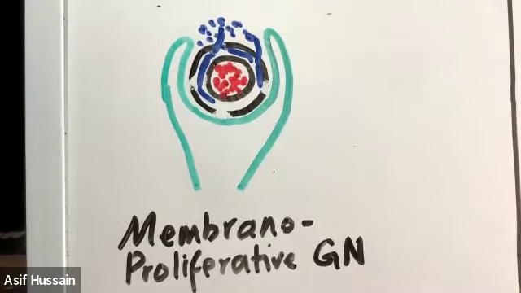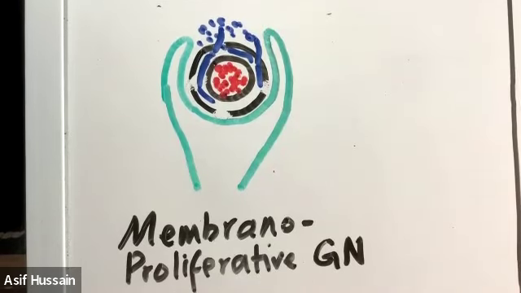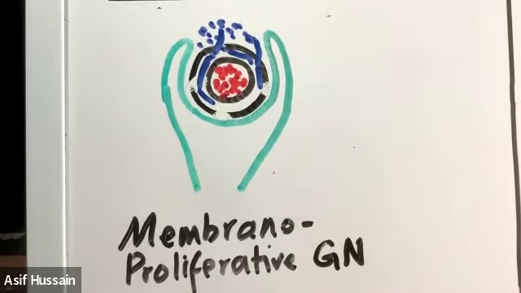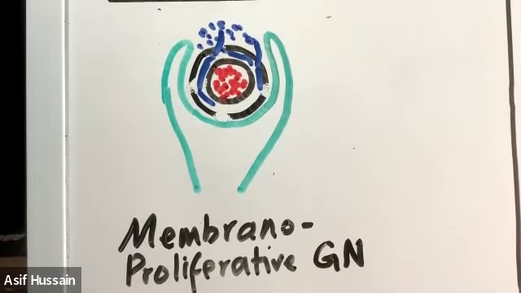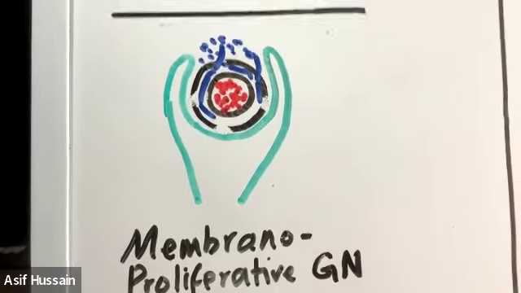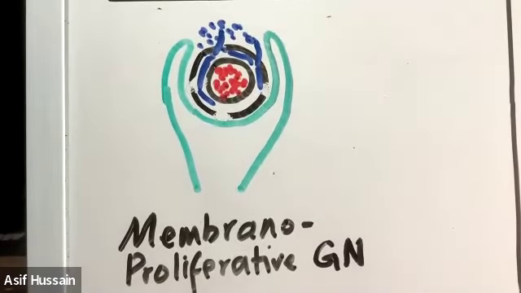Okay. If you compare it with post-infectious glomerulonephritis, post-infectious was pure proliferative. There was no membranous involvement. So, okay, number one. Number two, in post-infectious glomerulonephritis, there was subepithelial deposition of the immune complexes. In this case, membranoproliferative, there's a subendothelial and mesangial deposition of the immune complexes, right?